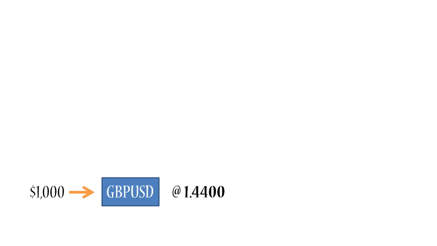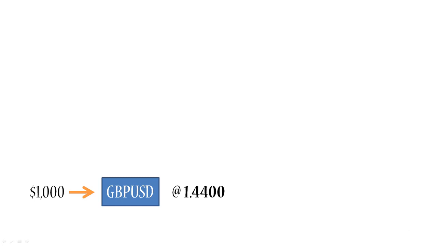So let's assume that the bullish trader had $1,000 US to invest, which he put into the British pound at a quoted price of 1.4400. Now, as we did previously, let's simplify this example by replacing the British pound with apples, because apples are also tangible.